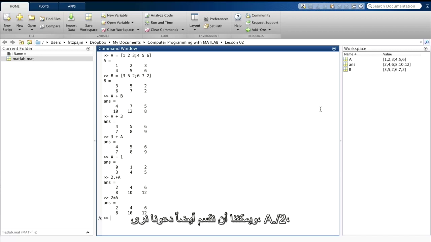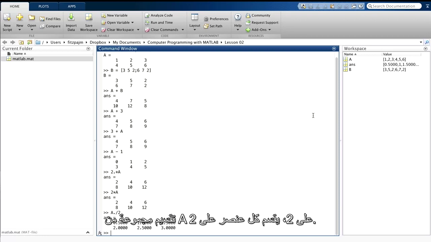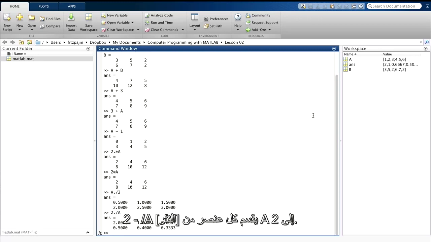And we can divide. Let's see, A dot slash 2, array division of A by 2, divides each element by 2. And you can go the other way, 2 dot slash A, divides each element of A into 2.